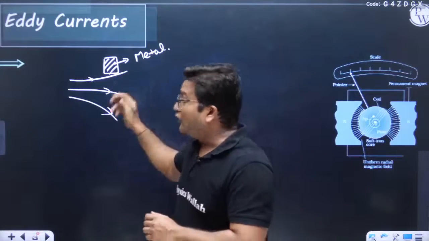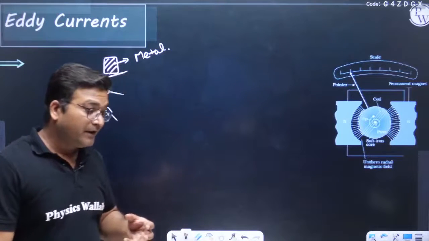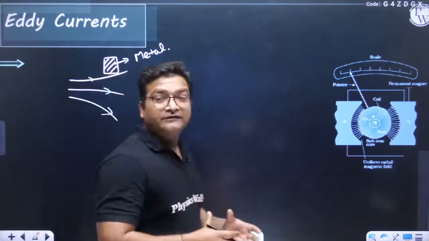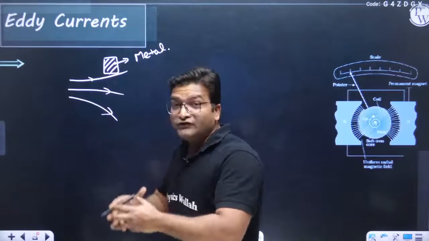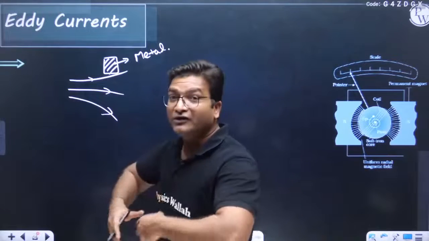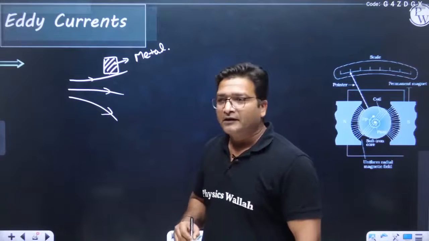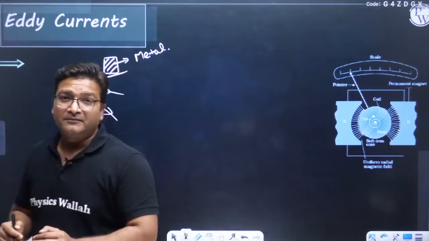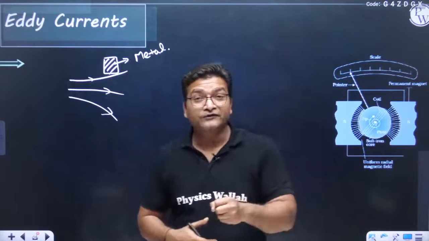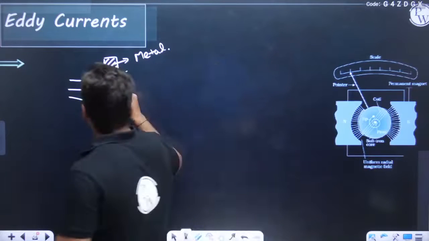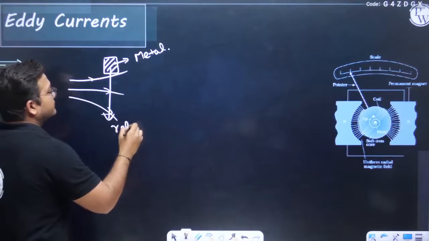In the entire volume of the metal, random loops form, but the purpose of this induced current is to oppose the change, oppose the cause, and the cause of this induction was actually relative motion. So the induced current produces such a force that the force opposes relative motion. So if the relative motion between the metal piece and the magnetic field is like this, this is the relative motion.